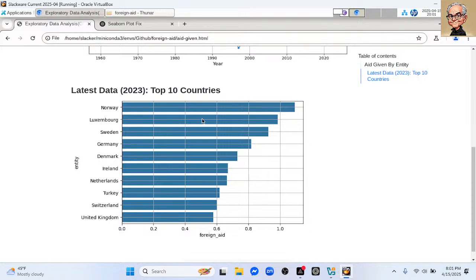Oh, look at this. Obviously, the United States isn't ranked. It isn't doing so good. Again, this is percent.